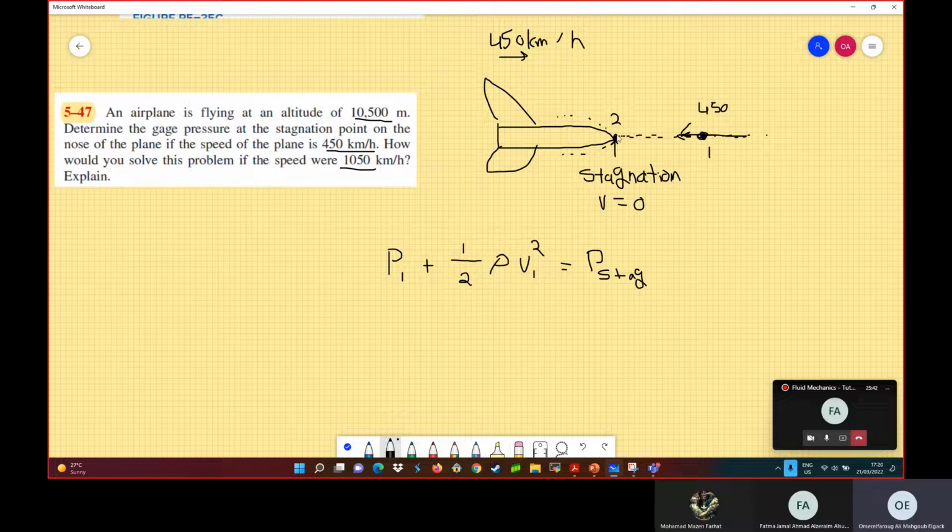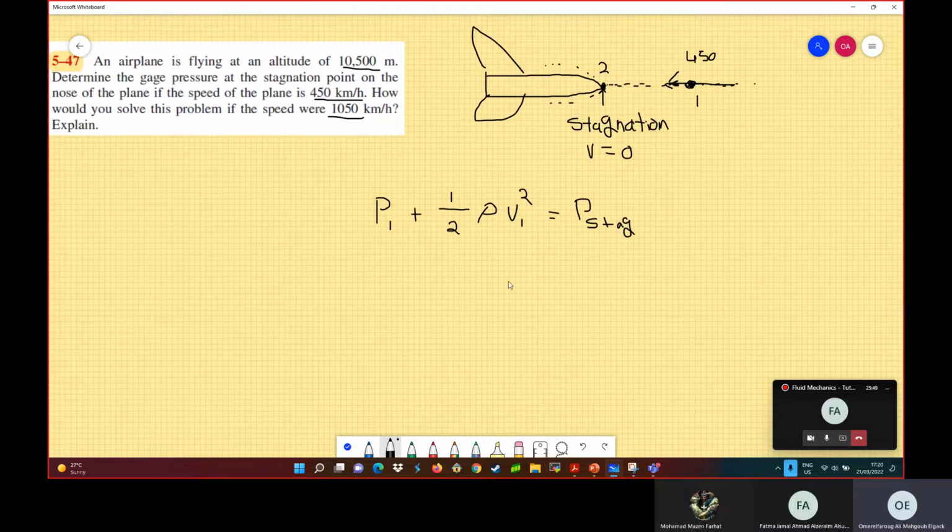And the velocity is 0, so this term will be cancelled, and the last term will be cancelled from both sides. So this is what is required from the question, the stagnation pressure.